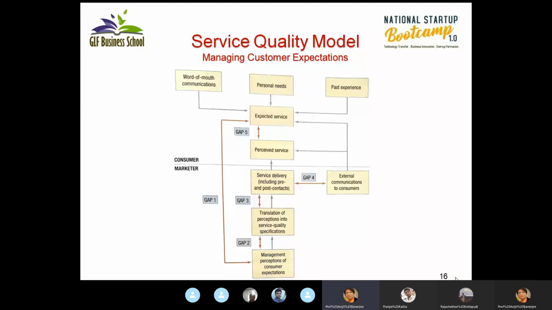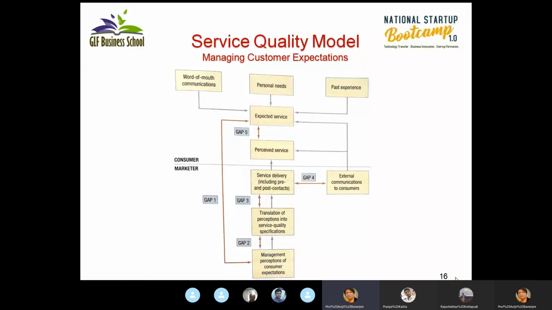Based on this service quality model, we can identify 5 determinants of service quality in their order of importance. They are reliability, responsiveness, assurance, empathy, and tangibility. Reliability is the ability to perform the promised service dependably and accurately.